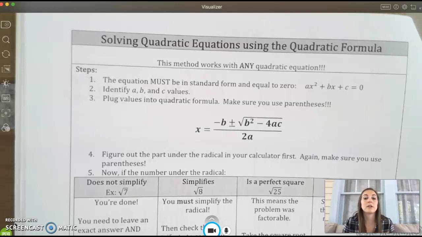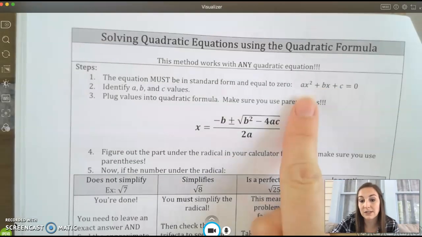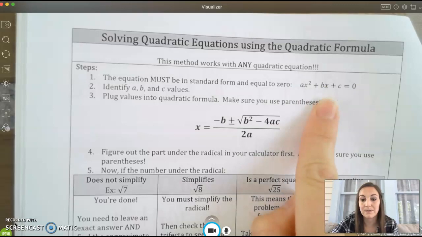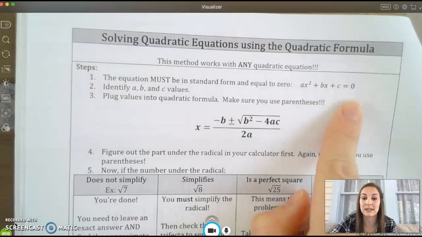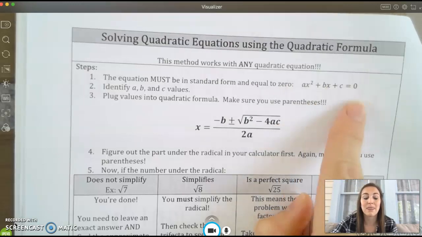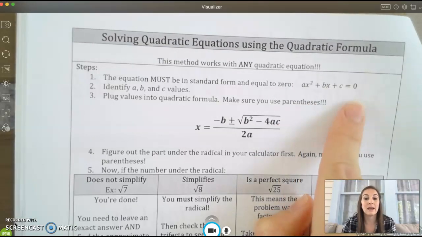So the equation must be in standard form, meaning we have to have it equal to 0. So our x squared term is first, then our b term, and then our c term, our constant. So we have x squared, then x, and then our constant here. And we identified these as a, b, and c.